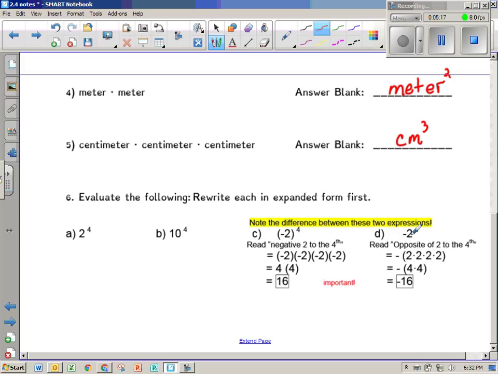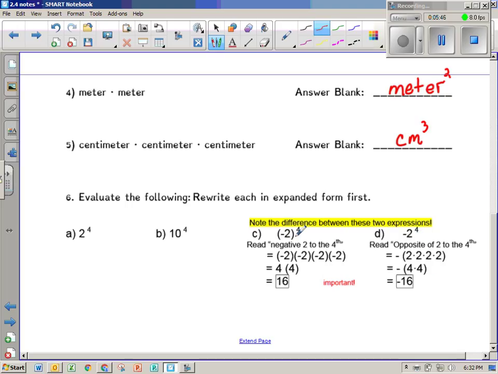Here the base is 2, meaning 2 is the only thing being raised to the 4th power, and the minus over here is actually meaning take the opposite after you raise 2 to the 4th power. So 2 times 2 is 4, 2 times 2 is 4, 4 times 4 is 16, and this minus sign just keeps coming down. Now that really messes up quite a few algebra students right there.